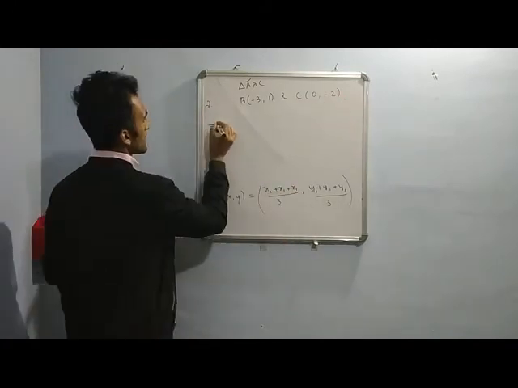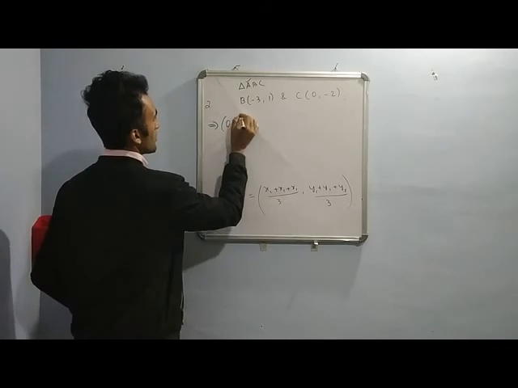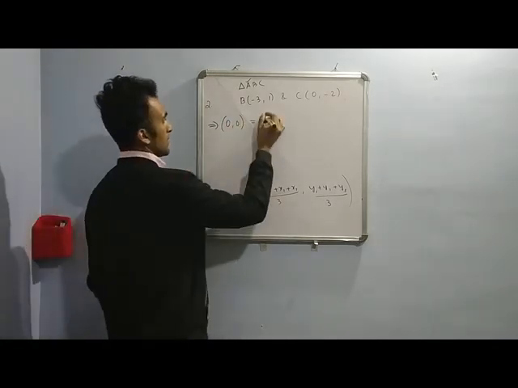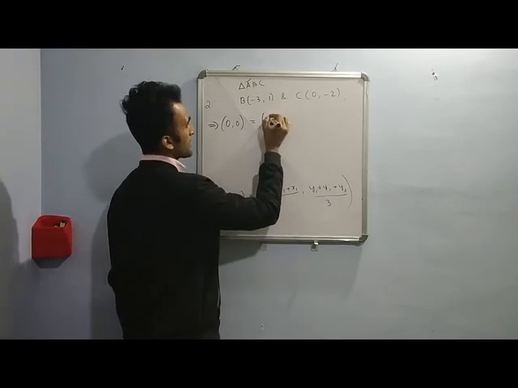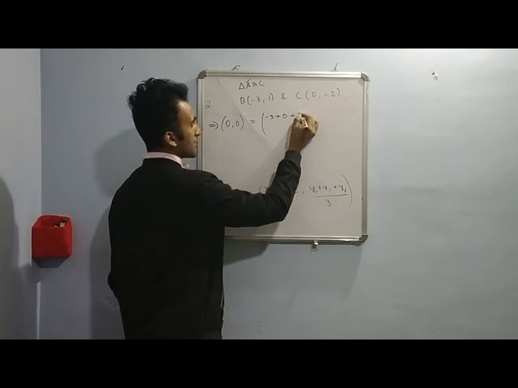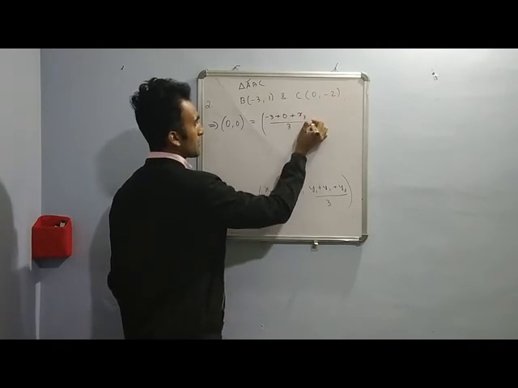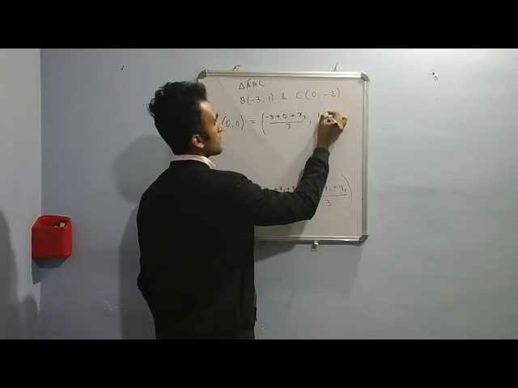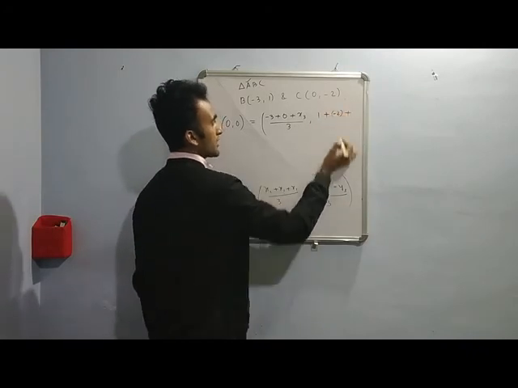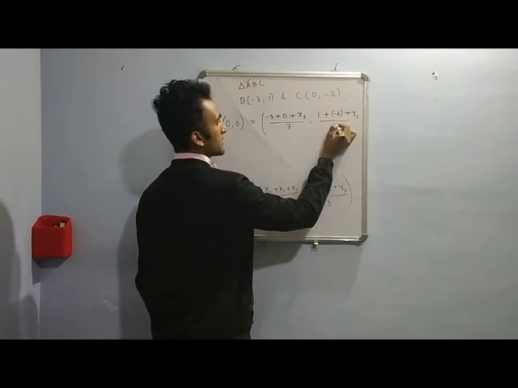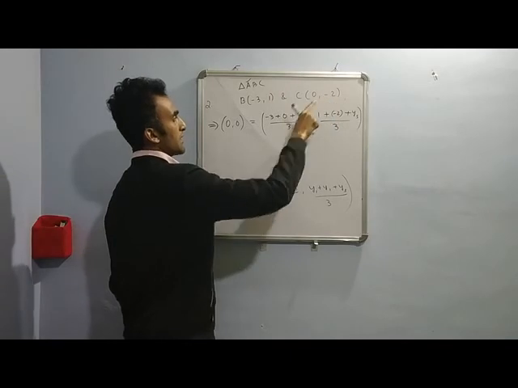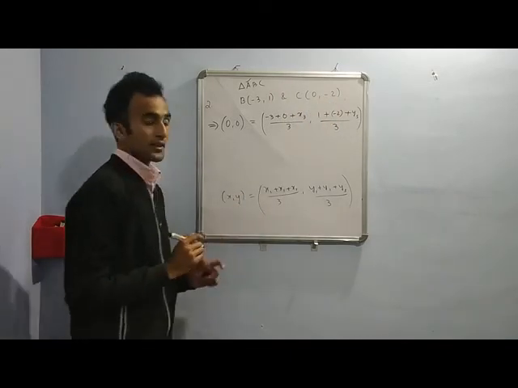Which implies 0 comma 0 equals to x comma y, centroid lies at the origin. x1 is minus 3 plus x2 is 0 plus x3, we have to find out, divided by 3, comma, y1 is 1 plus y2 is minus 2 plus y3 divided by 3. Clear, no? x3 is missing, y3 is missing, as it is.